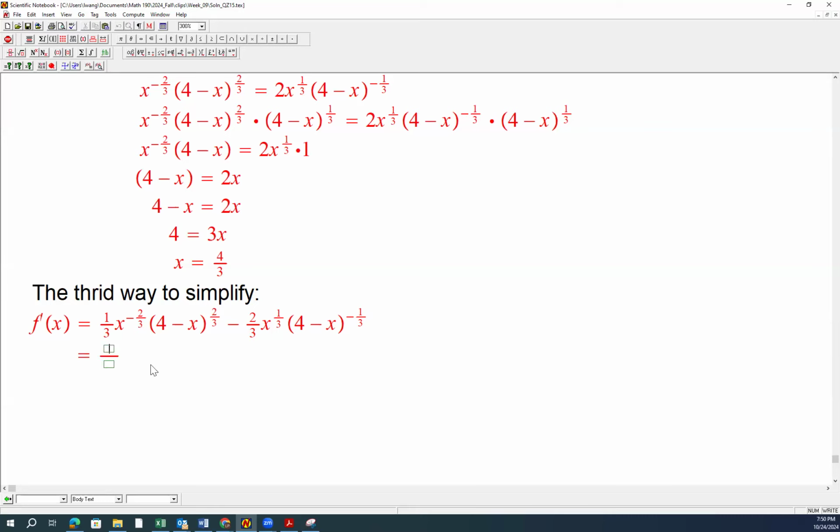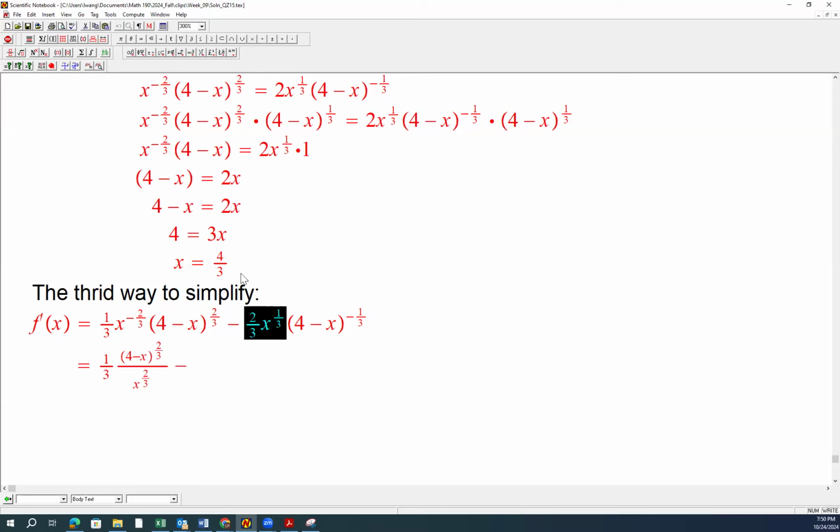So you're going to write it as 1/3. And over here, you have x raised to the power of 2/3, right? And this is the numerator.